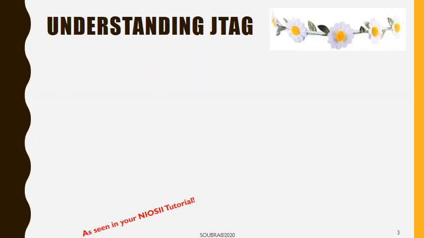So one of the objectives of today's lecture is to understand the JTAG module, and you've used that particular module in the context of your second tutorial when you programmed the soft microprocessor, which is the NIOS 2. In your tutorial you created a system with the CPU, which is the NIOS.